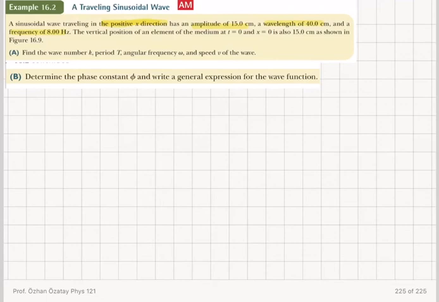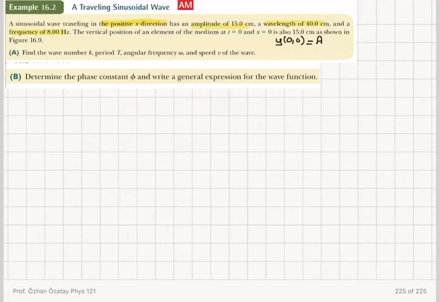So I'm given an initial condition y of 0, 0 is equal to 15 centimeters, which is the amplitude. So it's the maximum. Find the wave number, period, angular frequency, and speed of the wave. Determine the phase constant and the wave function.